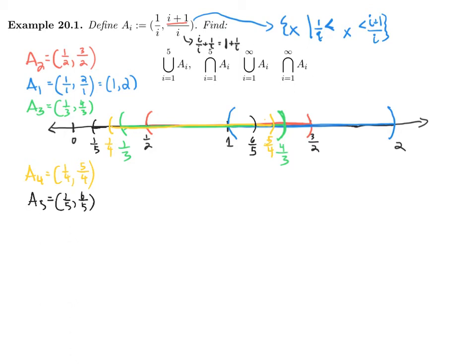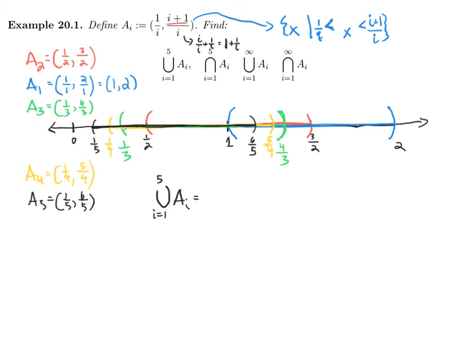So A5 is all of that. Now, let's think definition-wise what the union from i equals 1 to 5 of these Ai is. Well, remember, the union is all the points that exist in at least one of these indexed sets.